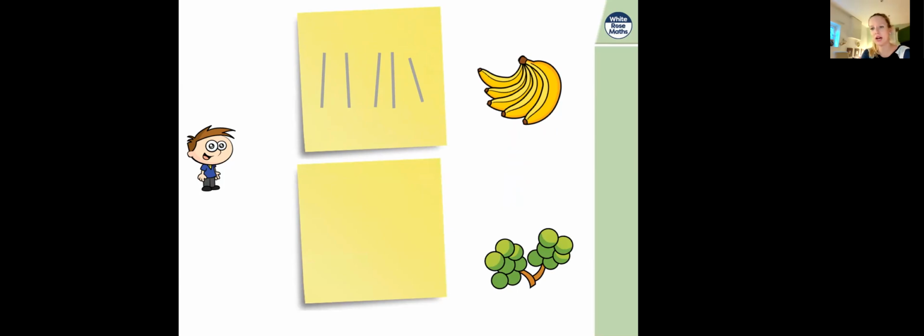So he's going to have quite a few more lines on his page. This might get complicated. Let's have a look. 1, 2, 3, 4, 5, 6, 7, 8, 9, 10, 11, 12, 13 lines on his piece of paper he drew, because there are 13 grapes there all together.